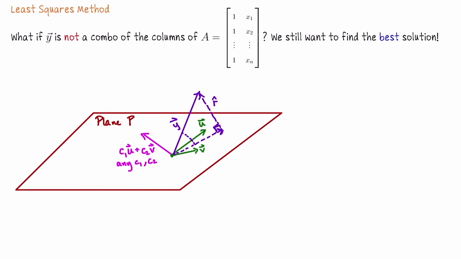So how close is our vector of measured data y to this new vector I've sketched on the plane? It would be the length of this vector.